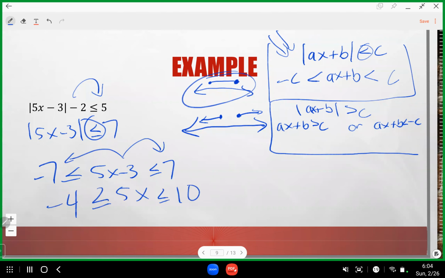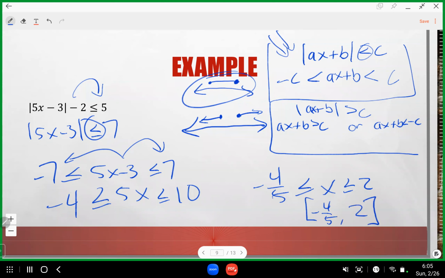Then finally you divide by 5. You get -4/5 ≤ x ≤ 2. So you get this interval, -4/5 to 2.